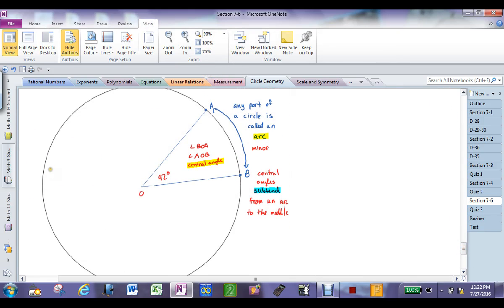I want you to put a dot here, somewhere on the left, doesn't matter where, on the other side of your central angle. Label that guy C, and then put a second dot and label him D. So everybody has 2 more dots, yeah?